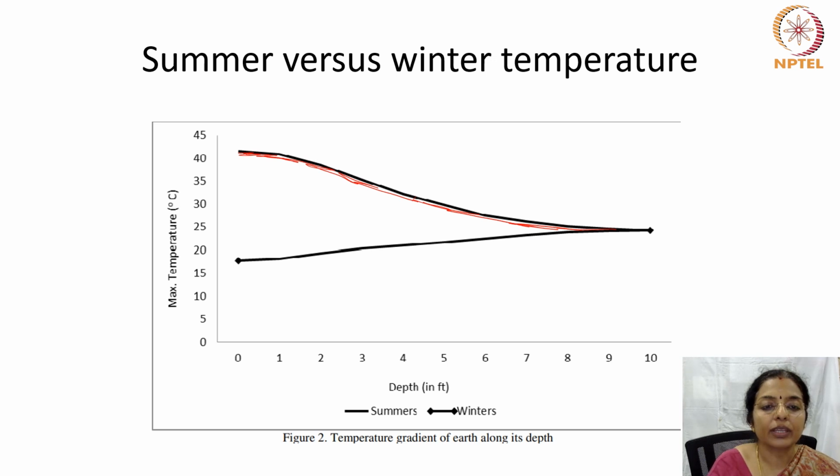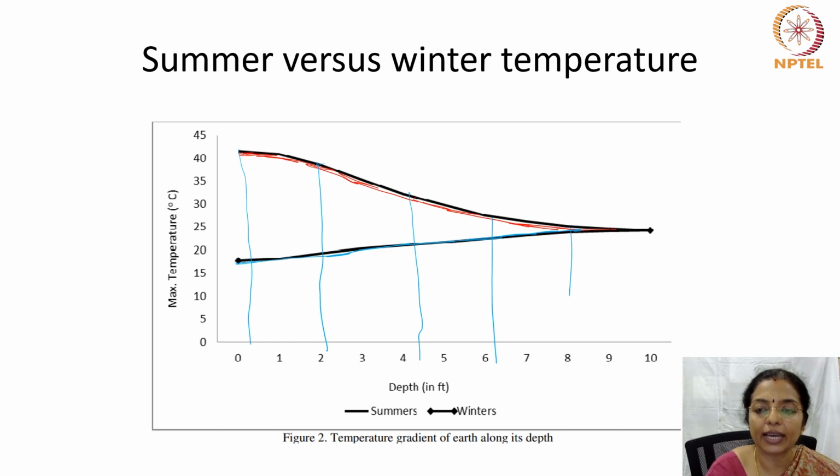So the temperature of soil at every 2 feet was mapped, starting from 0 feet, which is subsurface temperature, 2 feet, 4 feet, 6 feet, 8 feet and 10 feet.